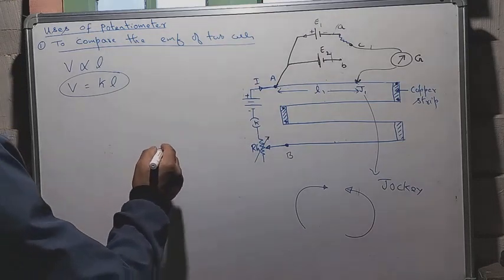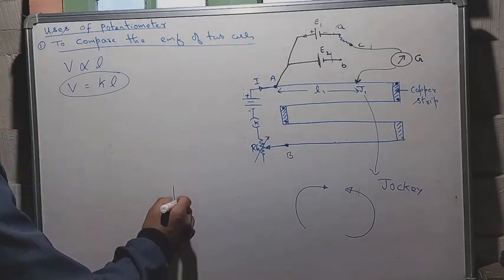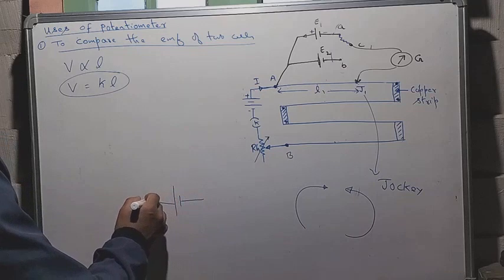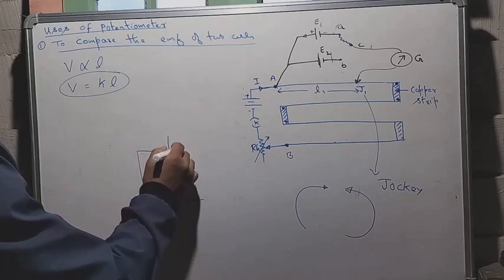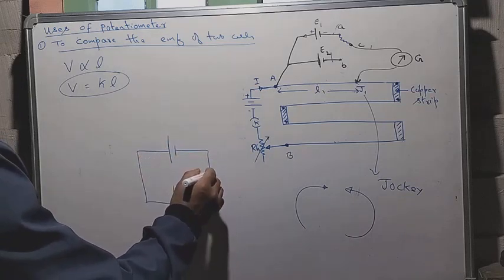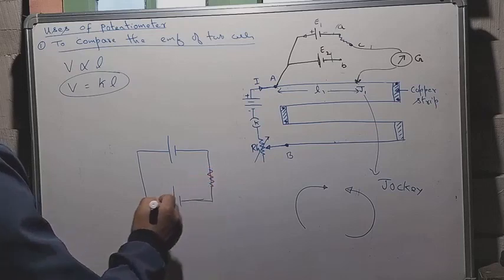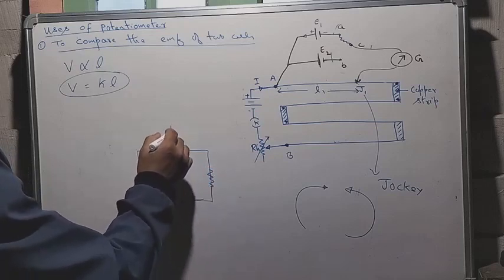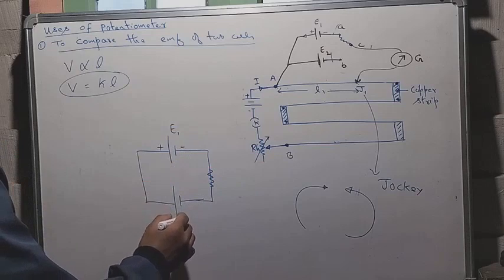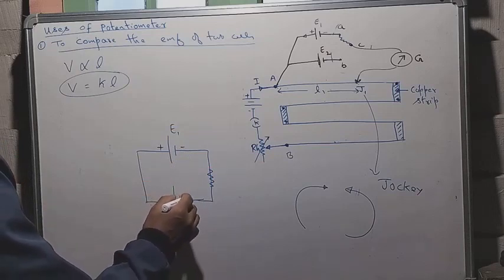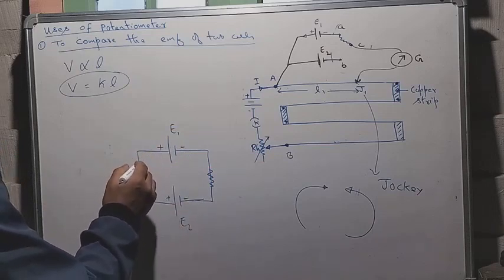let me give you an example. If I have two cells connected like this, this is the first cell of EMF E1, and this is the second cell E2. Both cells will produce a current.